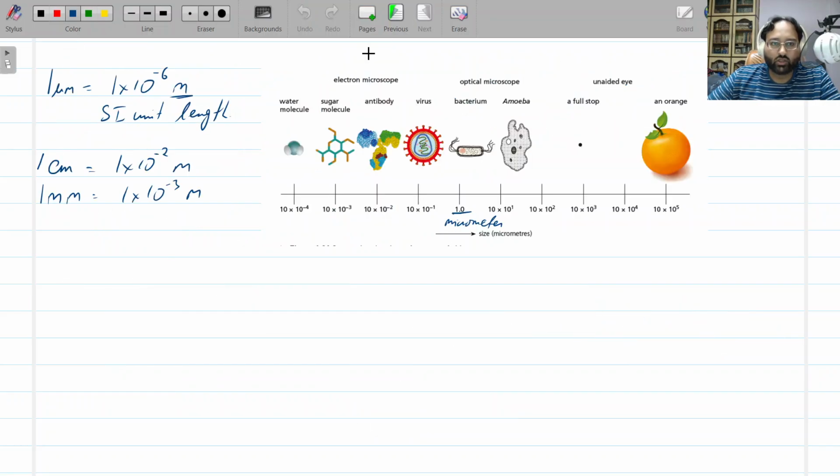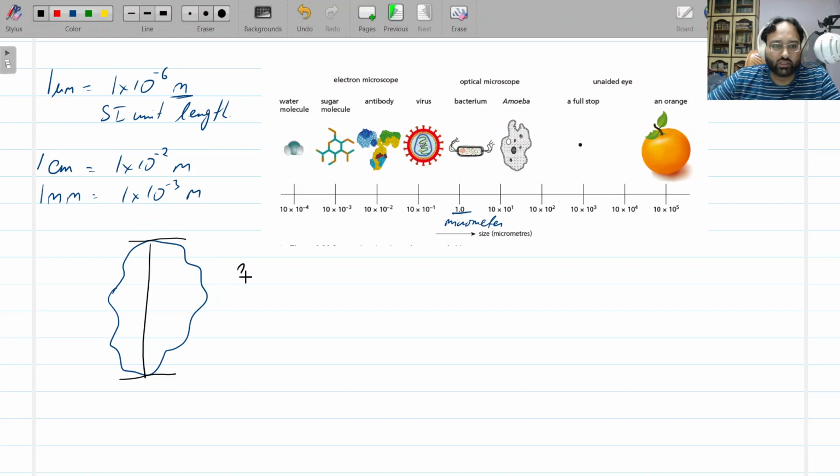So for example, you observe an image of a cell, and they ask you to measure its length. I'll measure from here till here. You take that measurement and, for example, it is 37 millimeters, or 3.7 centimeters.